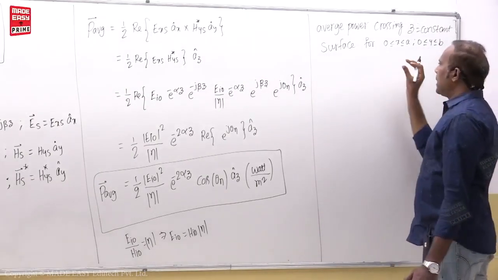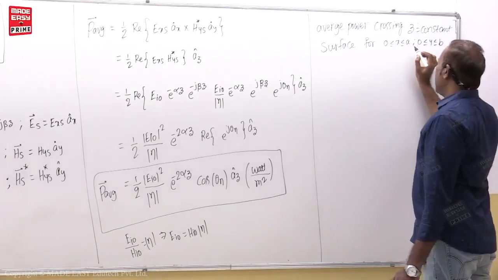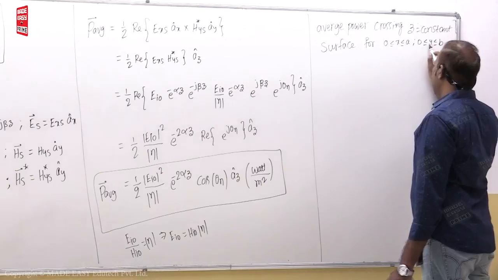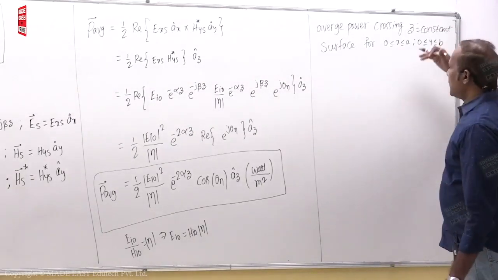That means there is one surface. That surface's length in x direction is a, width in y direction is b, and the area of the surface is a into b. So that is like this.